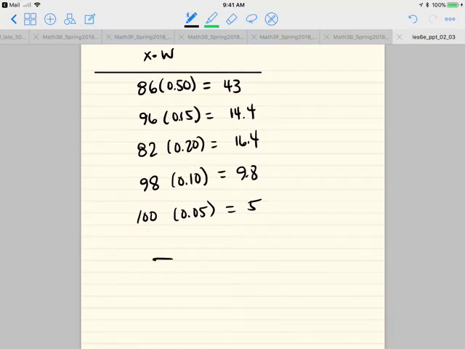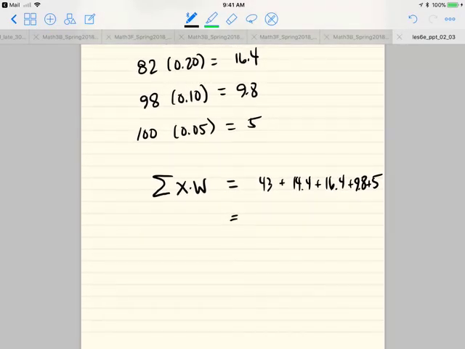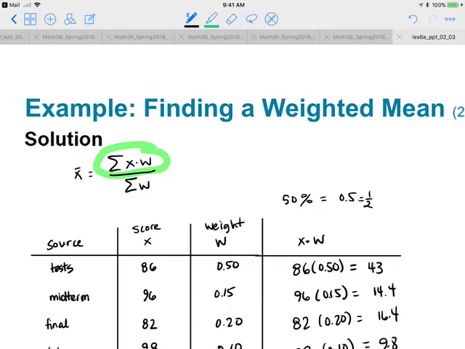So my sum of X times W is just going to be 43 plus 14.4 plus 16.4 plus 9.8 plus 5, which is equal to 88.6. Okay.